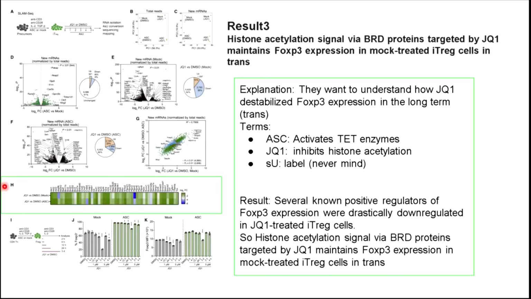In figure H, they found several known positive regulators of Foxp3 expression were drastically downregulated in JQ1 treated iTreg cells. So, histone acetylation signal via BRD proteins targeted by JQ1 maintains Foxp3 expression in MOC-treated iTreg cells in trans.